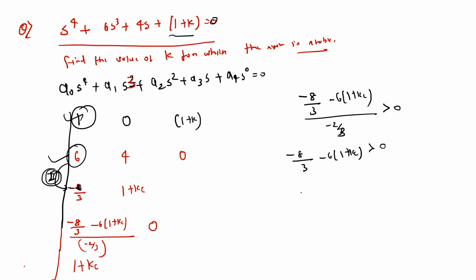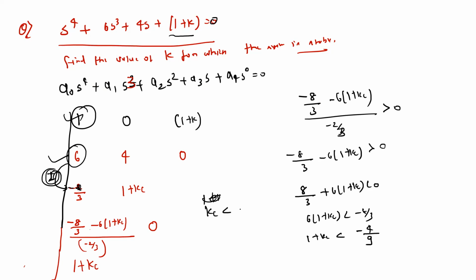And if I multiply the negative sign on both sides, 8 by 3 plus 6 into 1 plus Kc should be less than 0. 6 into 1 plus Kc should be less than minus 8 by 3. So 1 plus Kc should be less than minus 4 by 9. So, sorry, Kc should be less than minus 13 by 9.